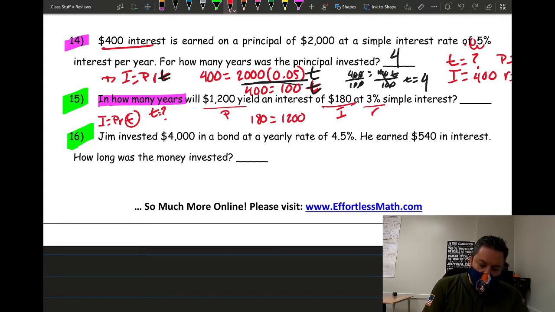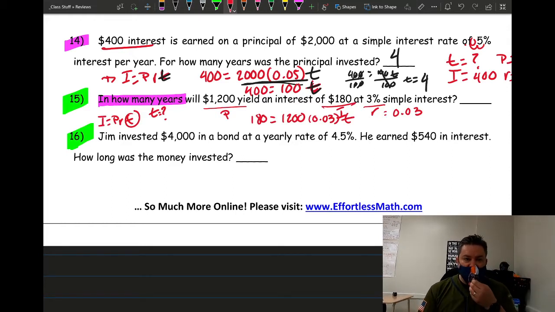Instead of R, I'm gonna put in 3%, we gotta convert that into a decimal, don't forget that. And instead of time, I'm just gonna use the letter T because I don't know the time. So now we have a one-step equation that we have to solve.